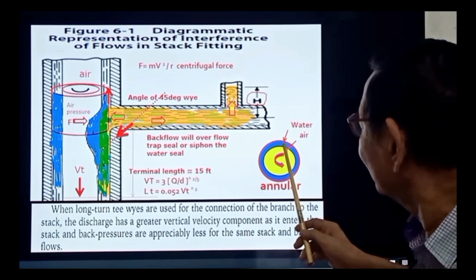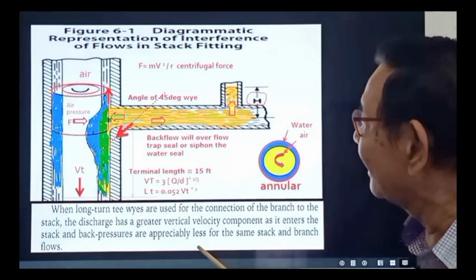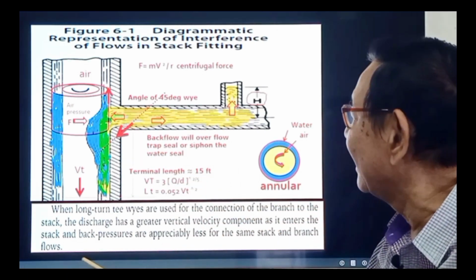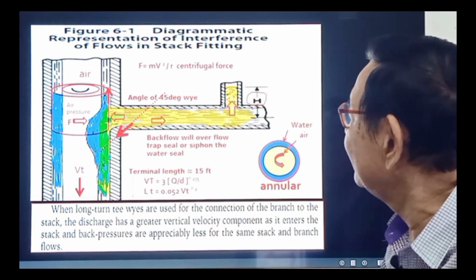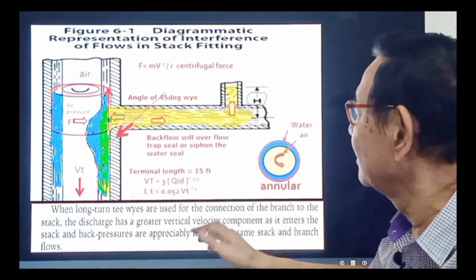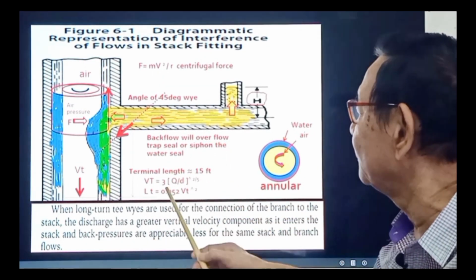Itong blue ay tubig. Pagdating dito sa intersection na yan, pinipigilan niya itong flow. Pigil. May backflow and will overflow the trap seal or siphon the water seal.